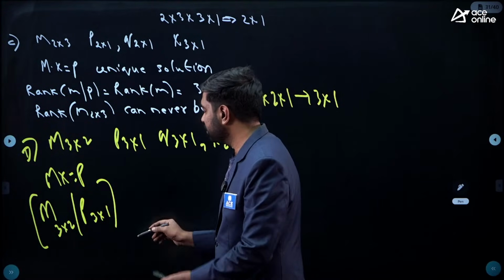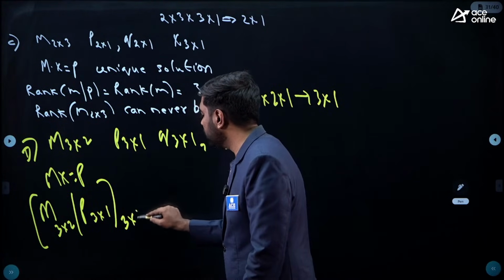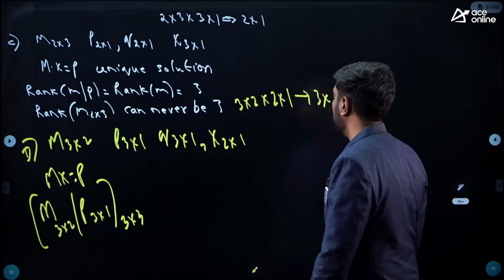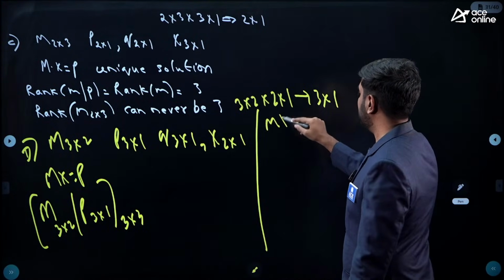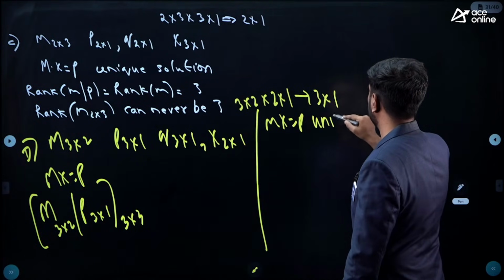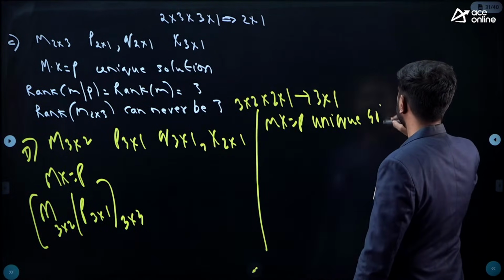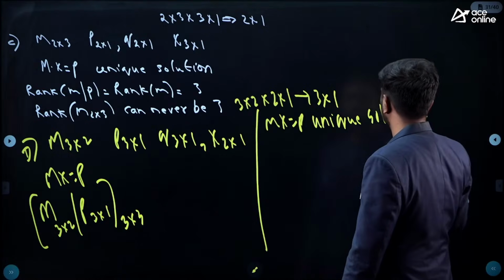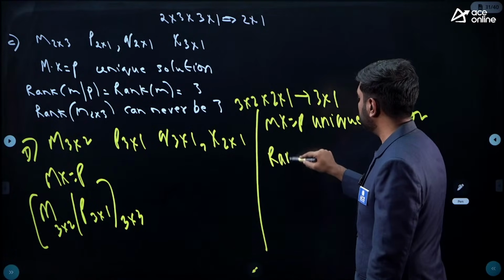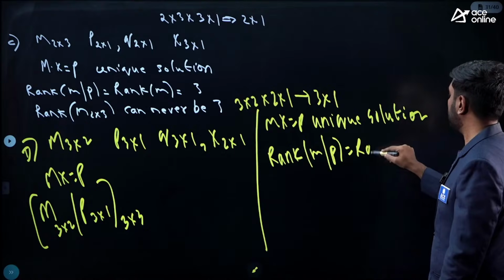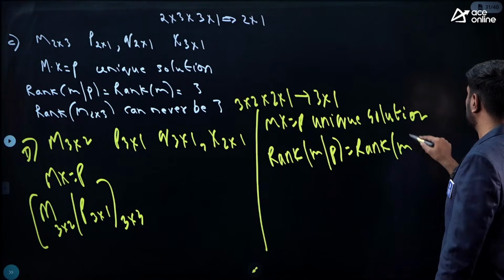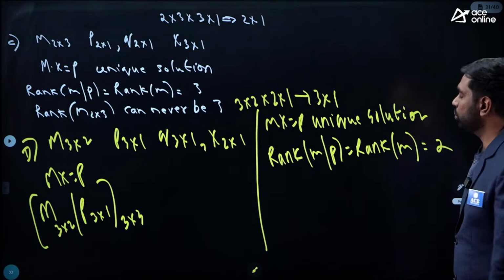So when you club this, the augmented matrix order would be 3 cross 3. And you want a unique solution. So Mx equal to P, unique solution if you want, then we need rank of MP equal to rank of M equal to the number of variables, which is 2.